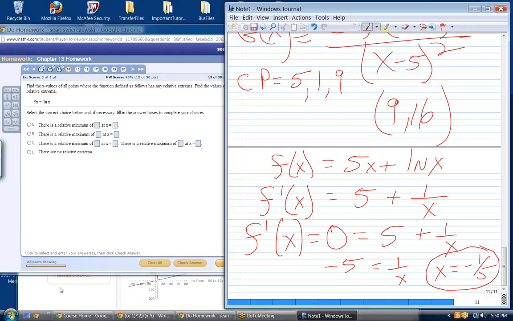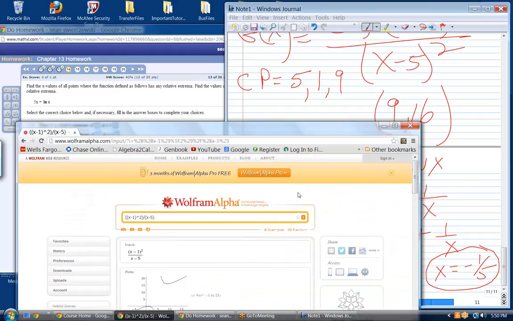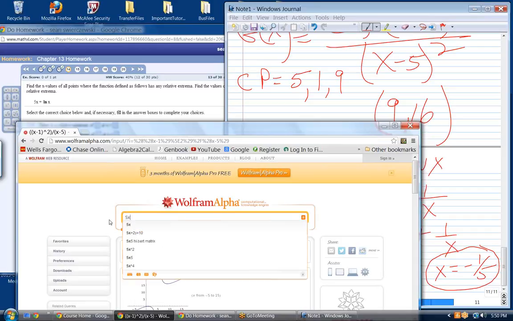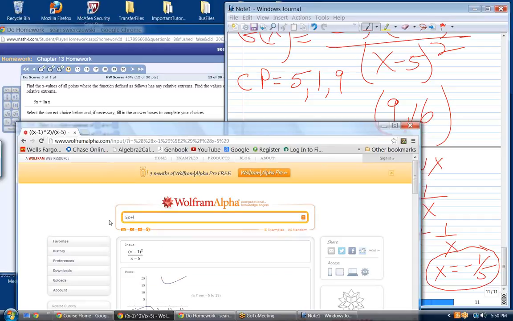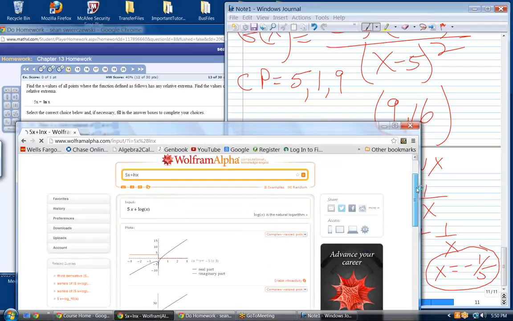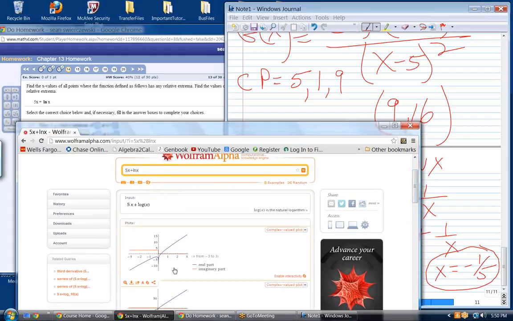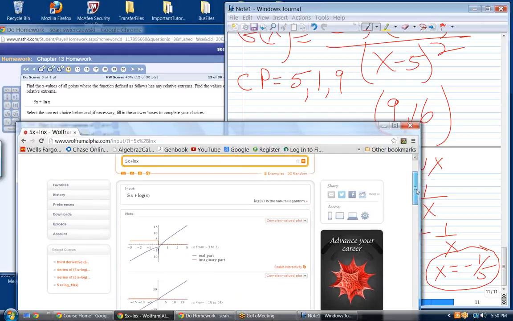Let's graph this. 5x plus natural log x. I get it now.